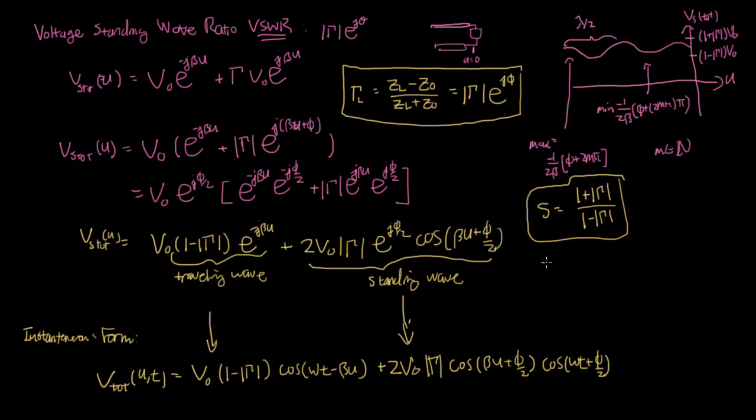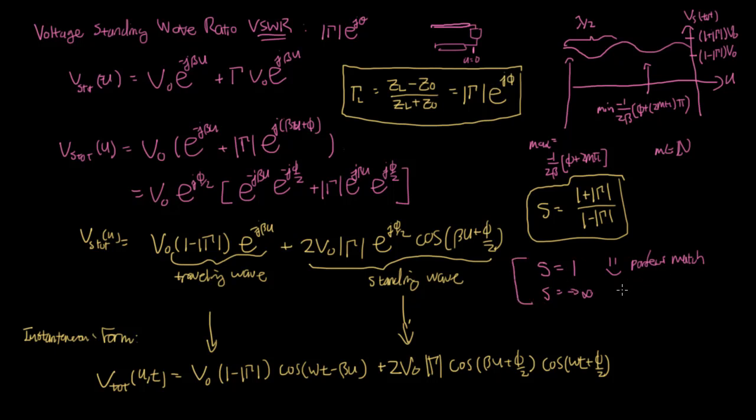And so if you look at the range of what the VSWR can be, it can range from 1, which is a perfect match where the reflection is equal to 0, or it goes all the way up to infinity, where you have a reflection coefficient of 1, which makes the denominator 0.